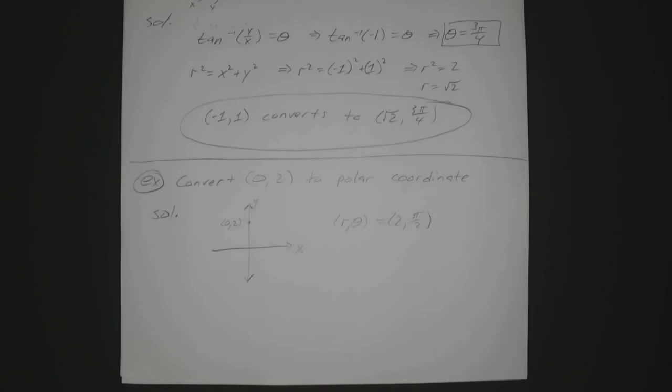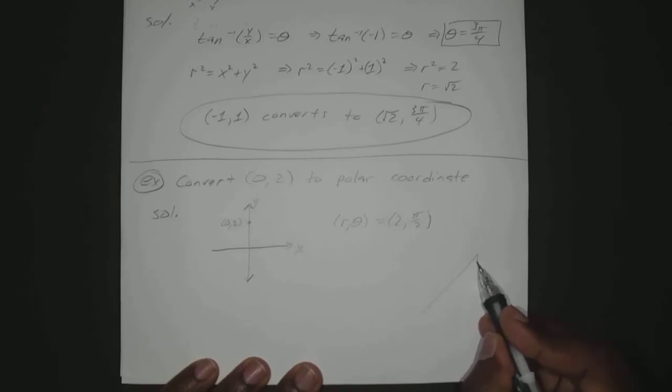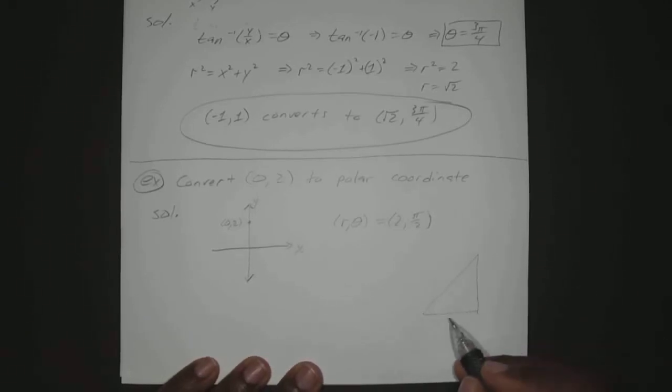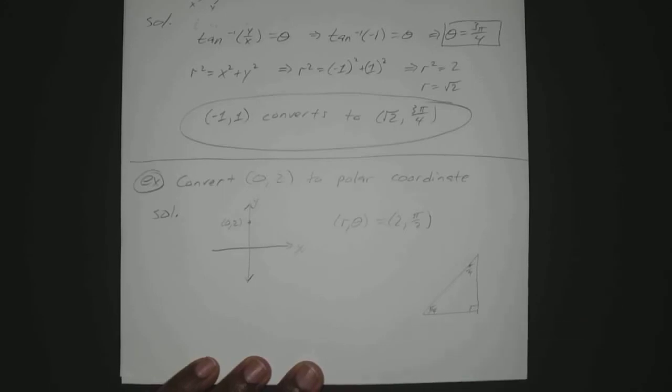Isn't one of the special right triangles 45, 45, 90, where both sides are equal and the hypotenuse is square root of 2 times that? Yep, so you have 1, 1, square root of 2. Would you use that to find the radius?